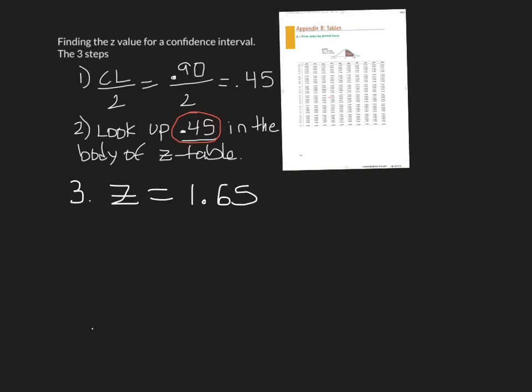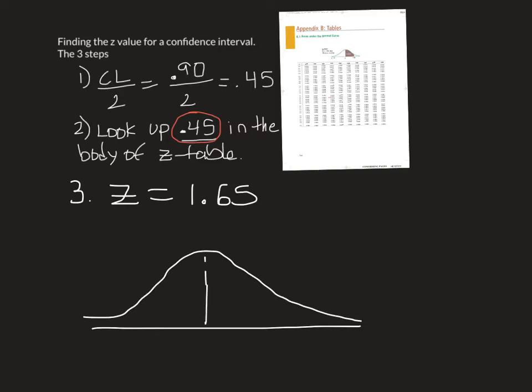And so if we were to just jot this down into our distribution, effectively we're looking at these areas here, negative 1.65 to positive 1.65. And since we're looking at the 90% confidence level, we know that this constitutes the middle 90%, and that's what our confidence interval is actually drawing.